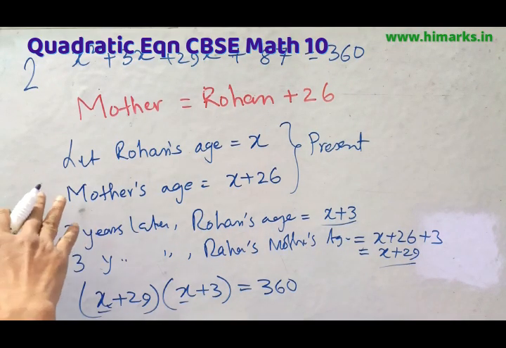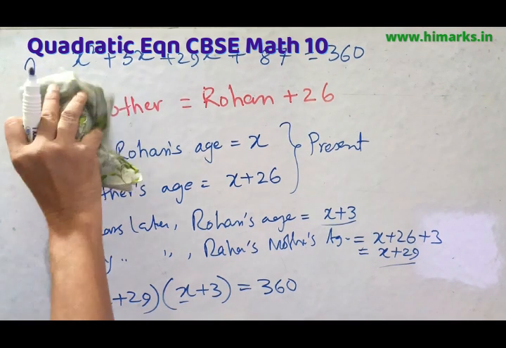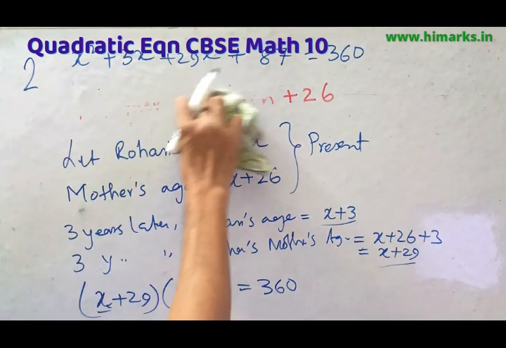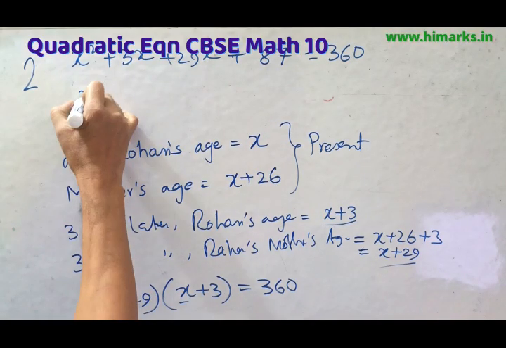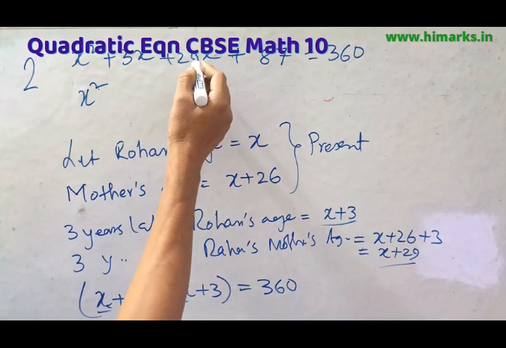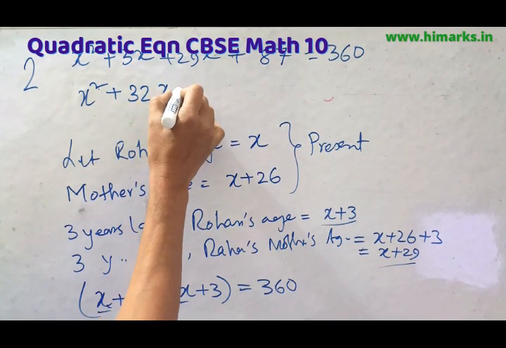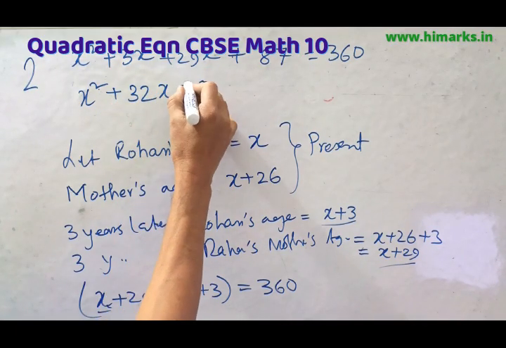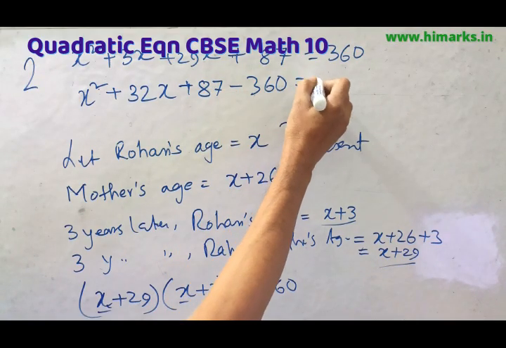Now we still need one more line of simplification. So x square, 3x plus 29x is 32x, plus 87 and minus 360 equal to 0.